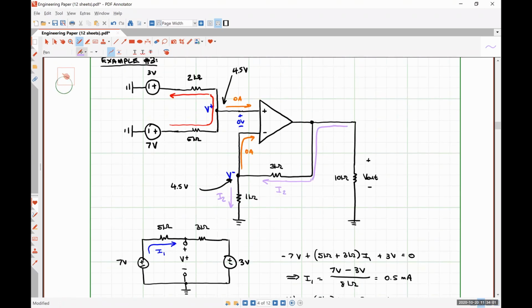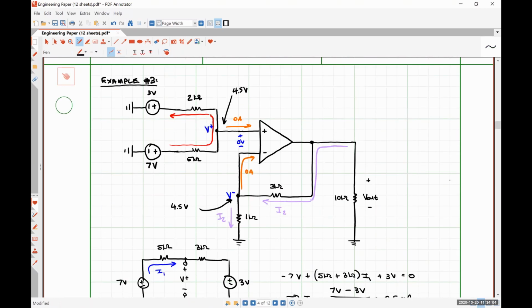So we could say then that I2 is equal to 4.5 volts divided by 1 kilo ohm is 4.5 milliamps.